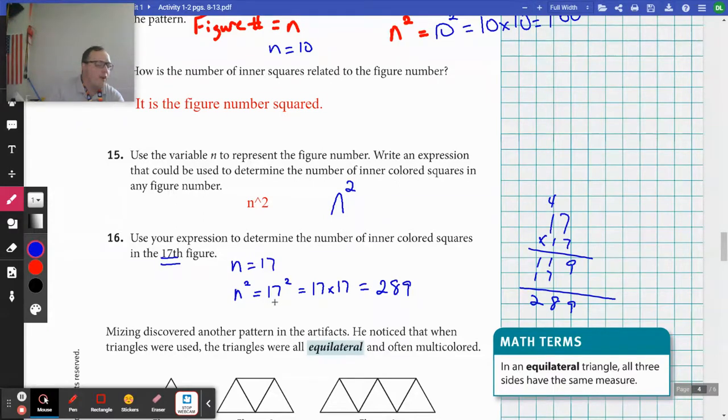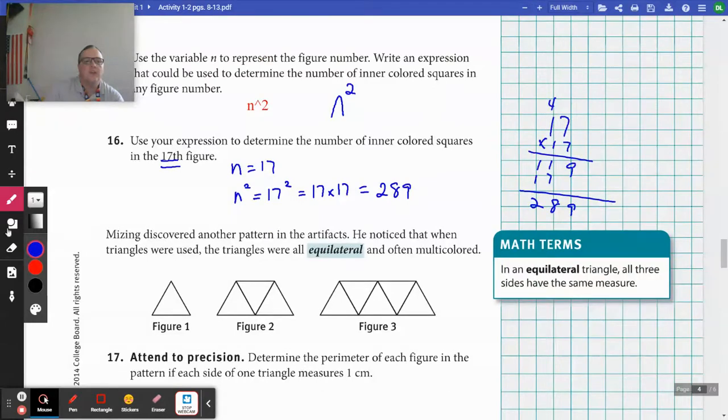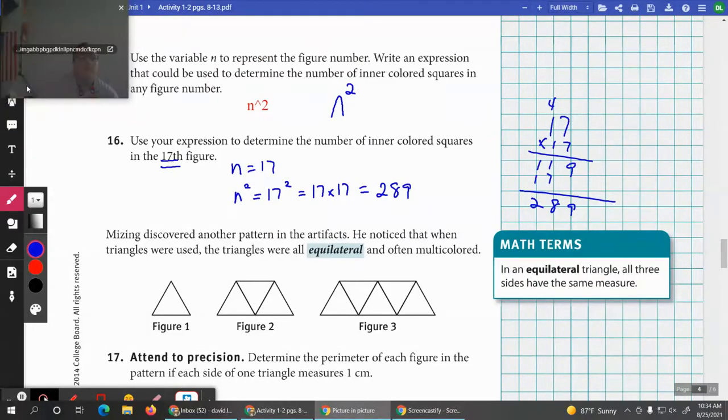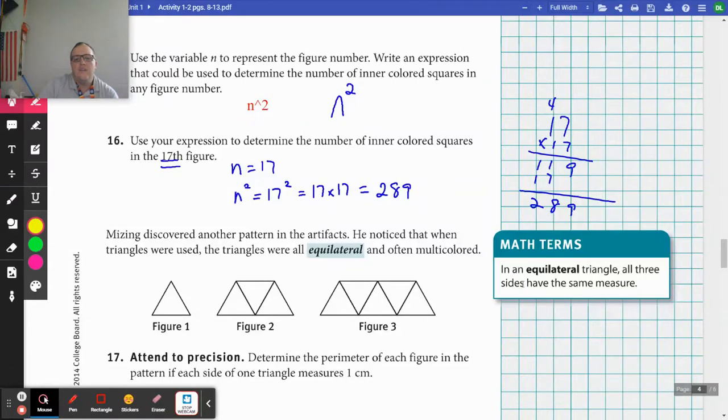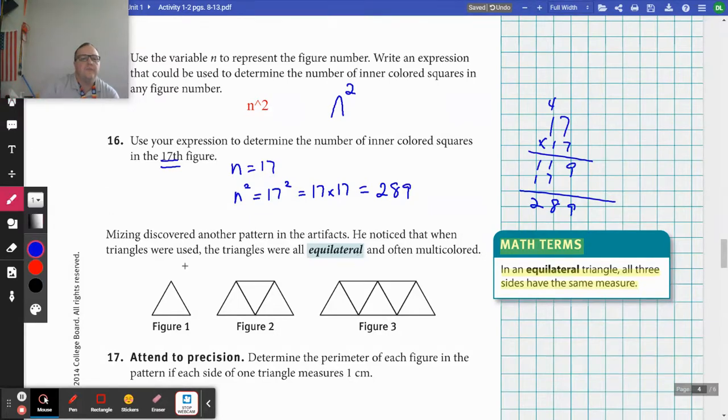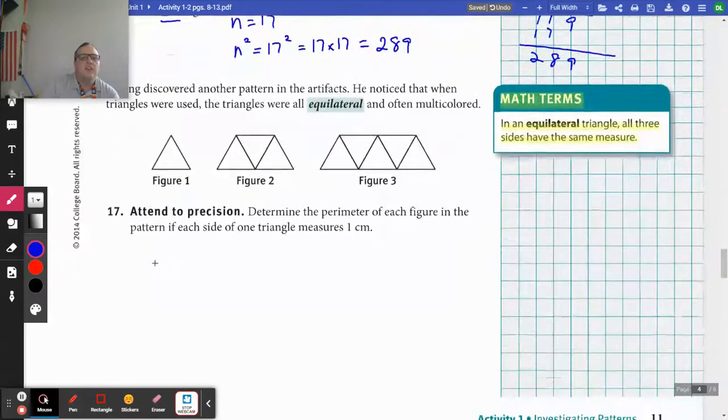So equilateral means that they are all the same lengths. Again, this is a vocabulary term, so that is important.